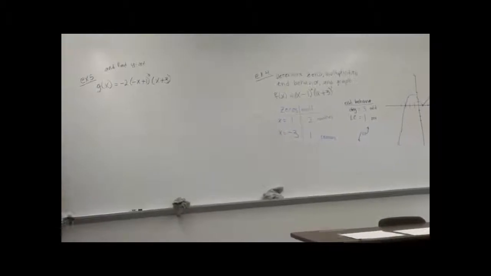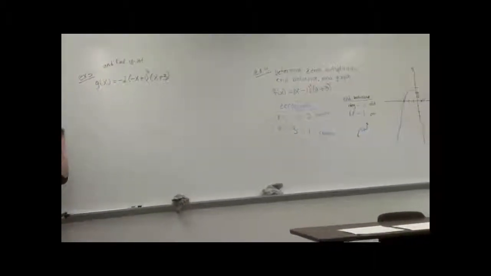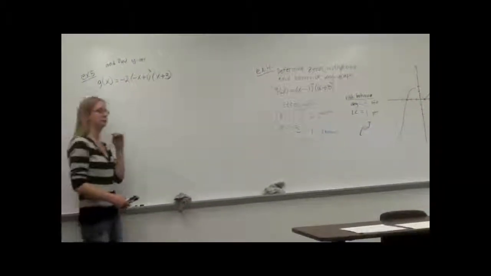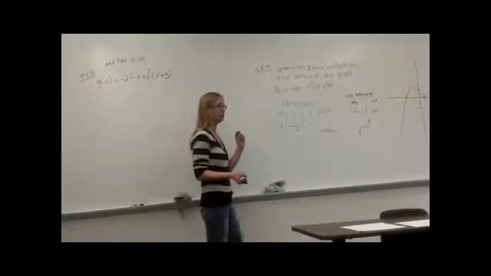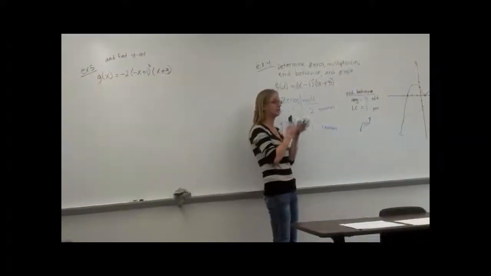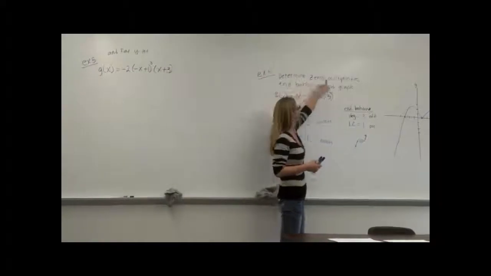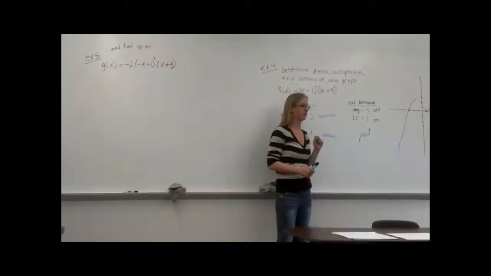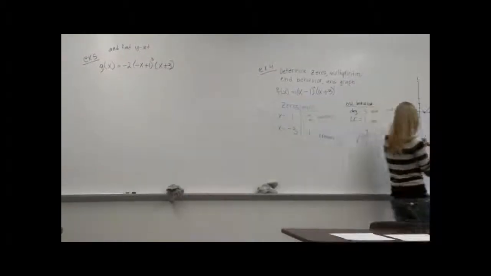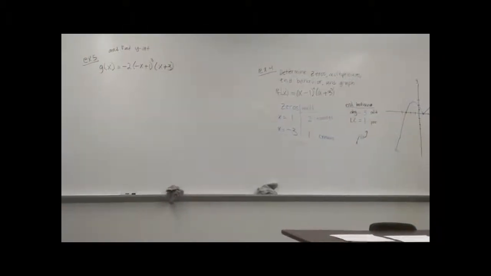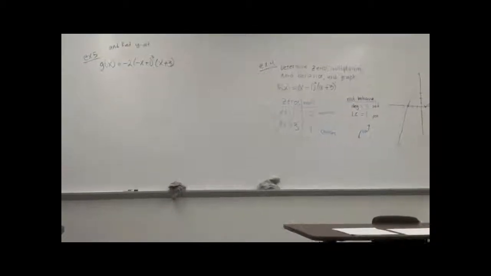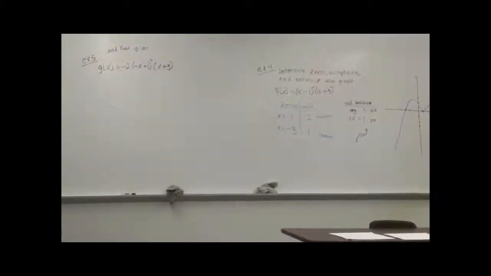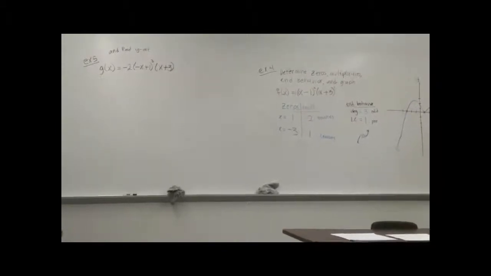So do we want to start out finding the end behavior or the zeros? It's a good question. Doesn't really matter too much. I try to stick with consistency, so I always do zeros, multiplicities, end behavior, the y-intercept, and then I graph last. You don't have to do this order, it's not required.